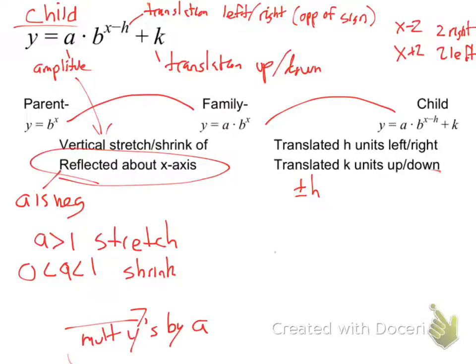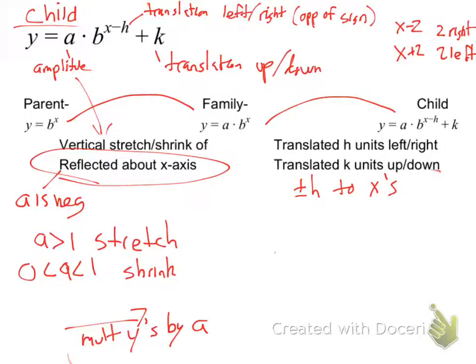If I go left, I'm going to subtract. If I go right, I'm going to add. It's just like our number lines, right? We already established from above that if you see X minus 2, it's going to the right, or X plus 2, it's going to the left, right? We already established that point. Once we establish we're going left or right, if we're going left, we're subtracting. If we're going right, we're going to add. So you add or subtract H to X's.